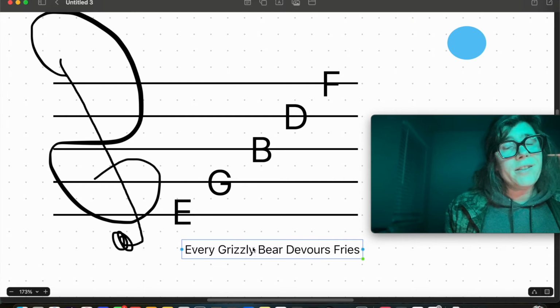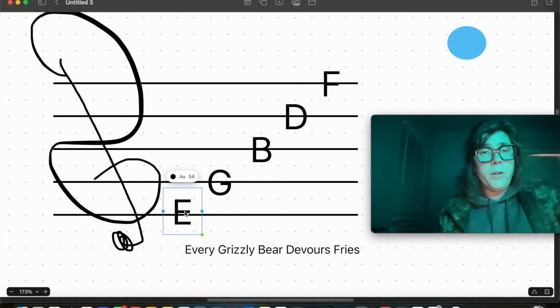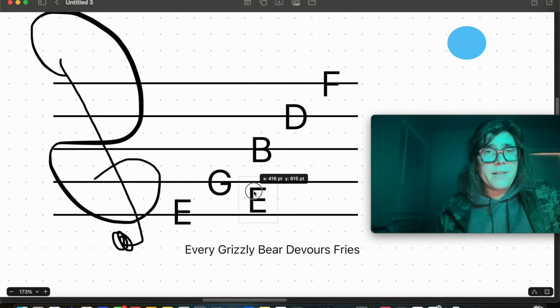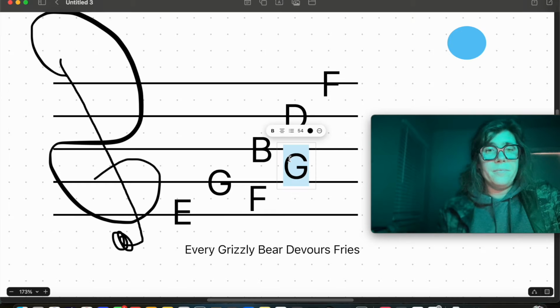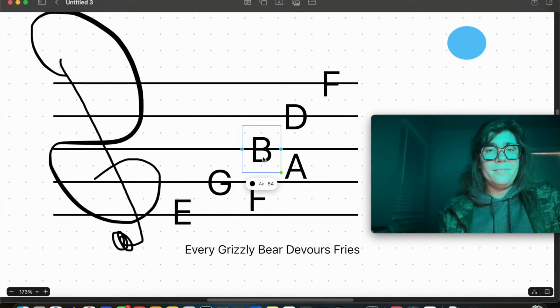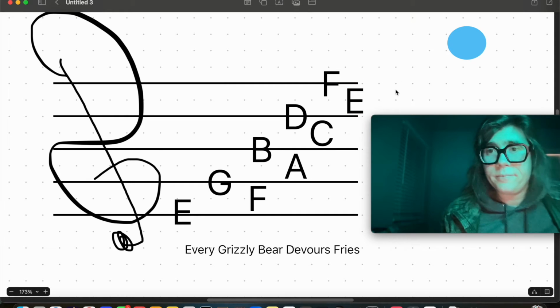Now, here is an easy way to remember the spaces, because you can gather that the spaces would be, they spell the word face.